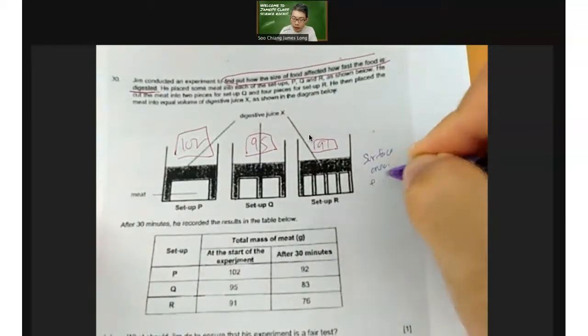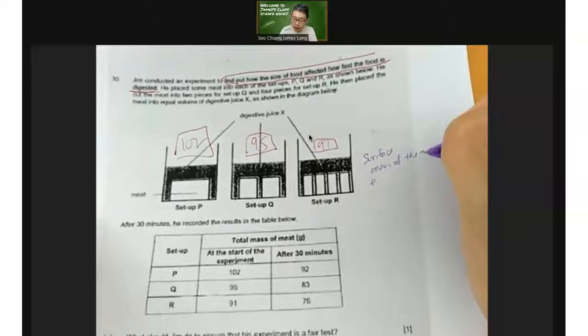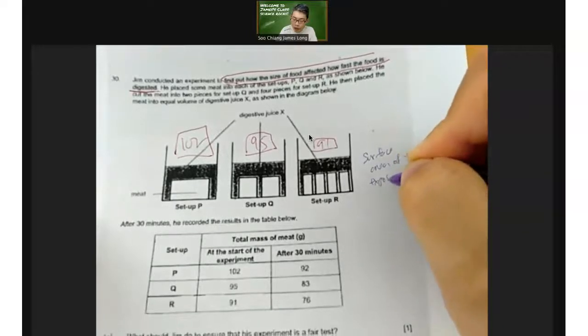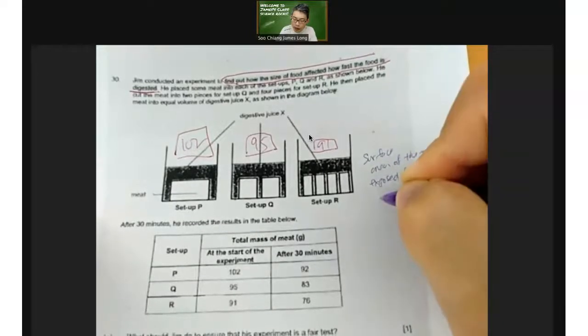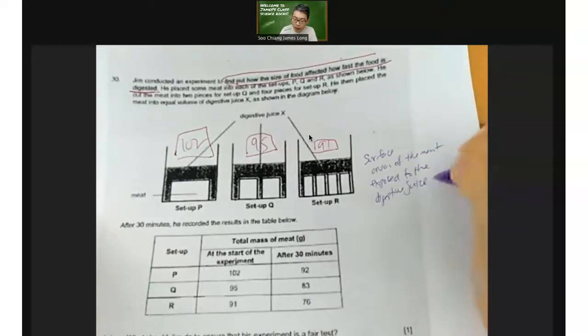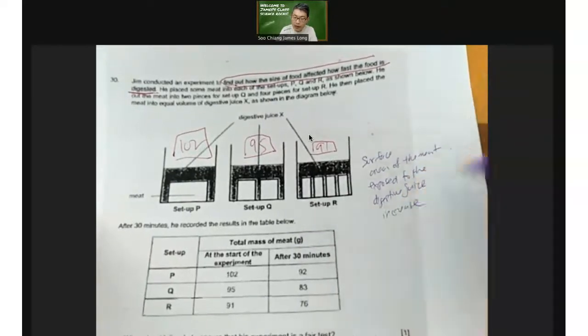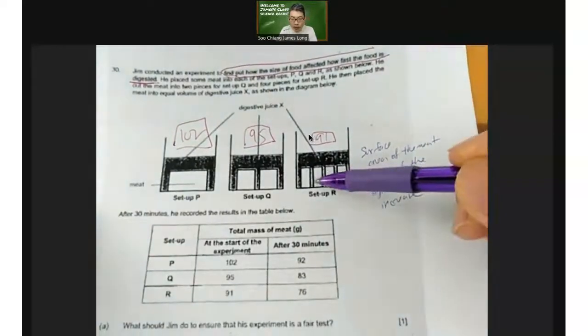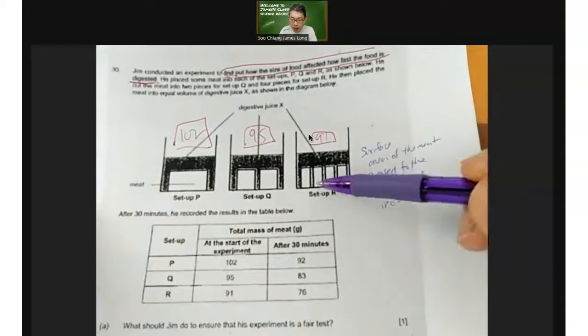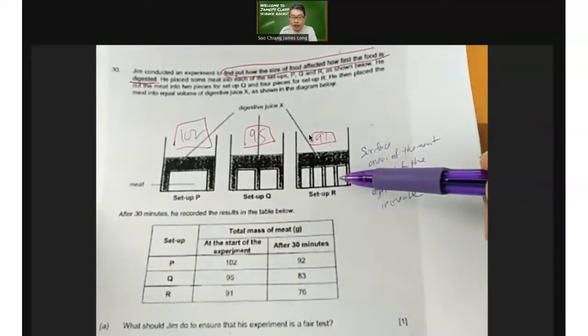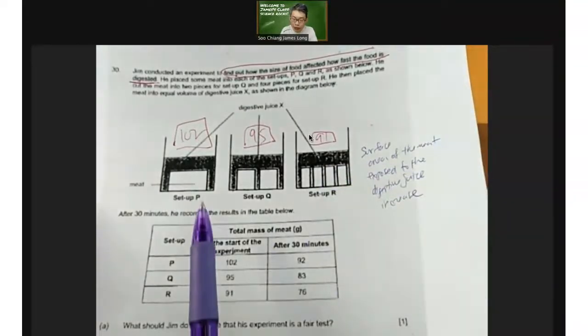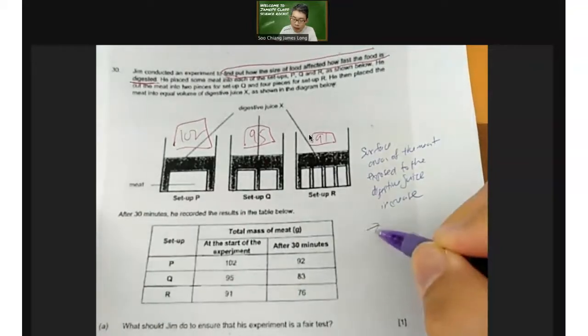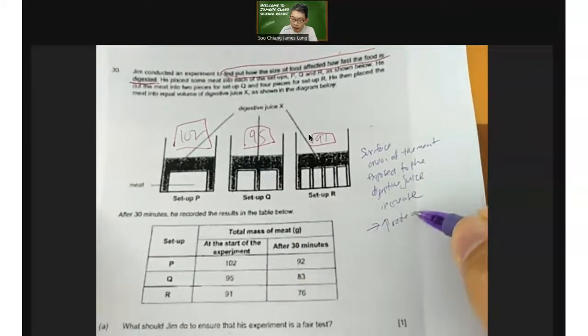of the meat exposed to the digestive juice increased. So actually more part of the meat now in R is touching the digestive juice compared to this. So that means that will increase the rate of digestion.